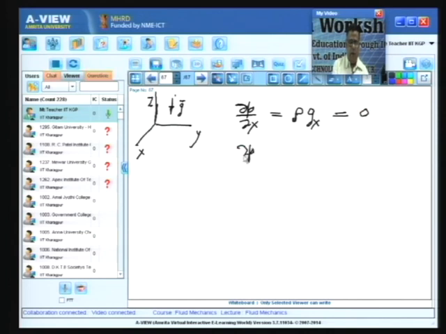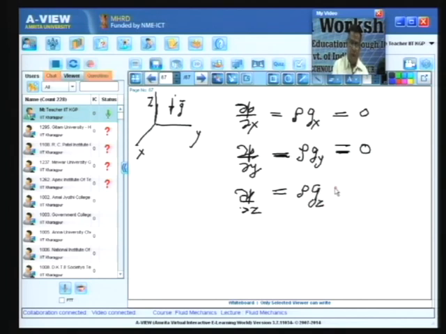Then you have del p del y equal to rho g y, which is equal to 0, and del p del z is equal to rho g z, which is minus rho g with reference to this coordinate system.